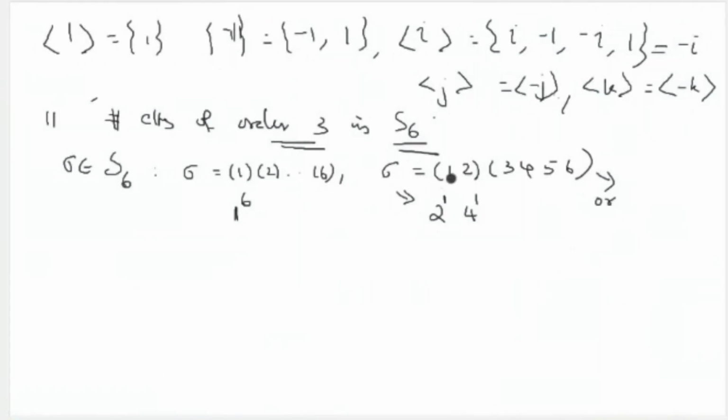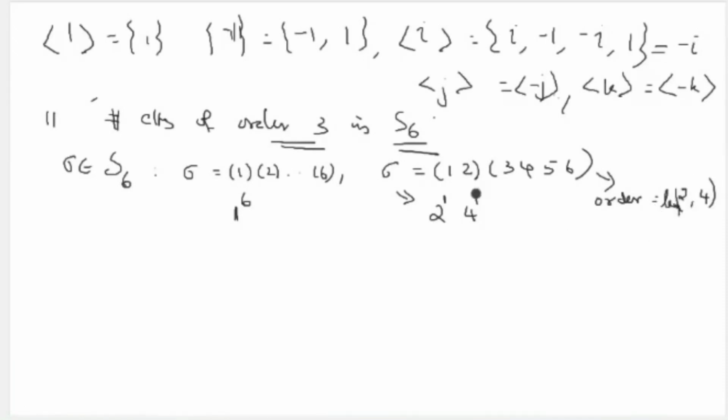Okay. Suppose this is your sigma, the product of cycles (1 2) and (3 4 5 6). For this, what is the order of sigma? The first cycle has order 2, the second cycle has order 4. We have to consider the LCM.